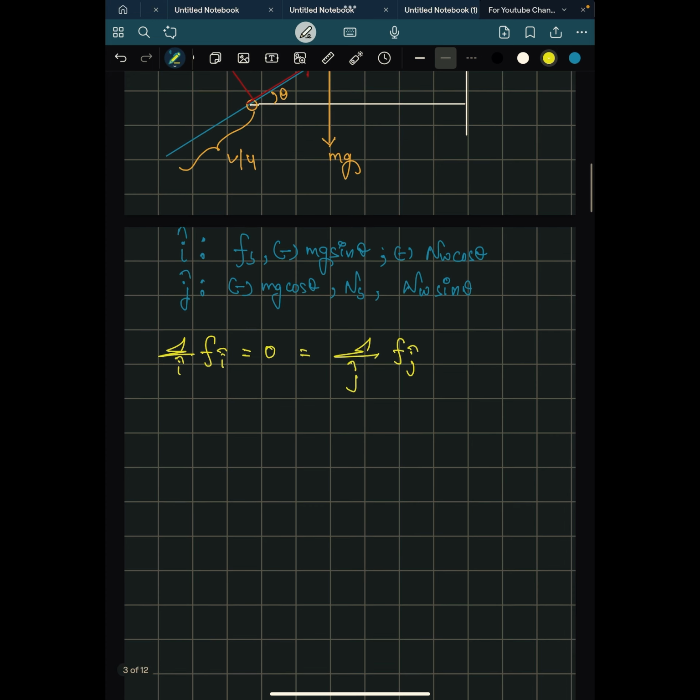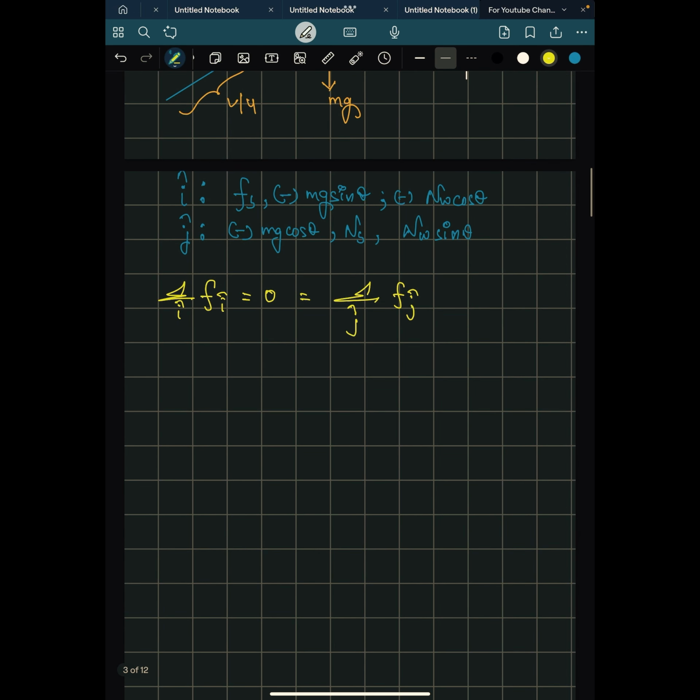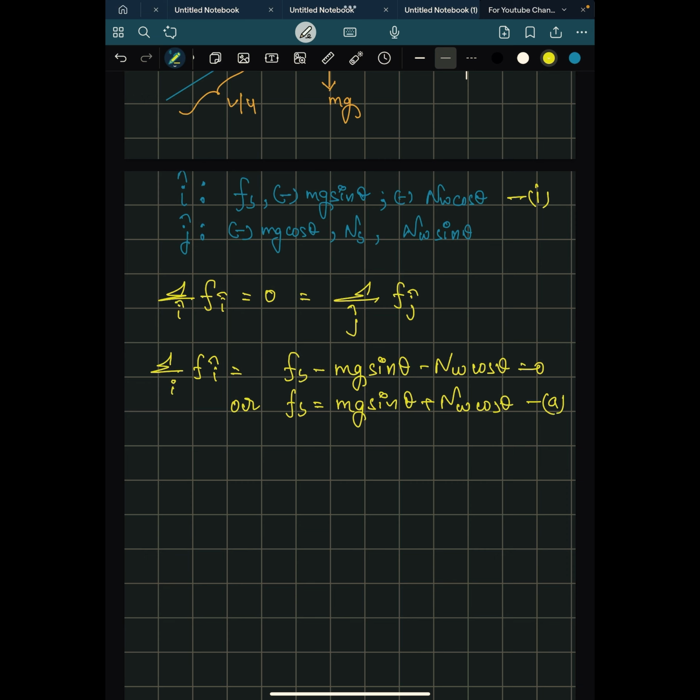Summing up the forces along i hat, we get Fs minus mg sin theta minus Nw cos theta equals 0, or Fs is equal to mg sin theta plus Nw cos theta. Call this equation A.